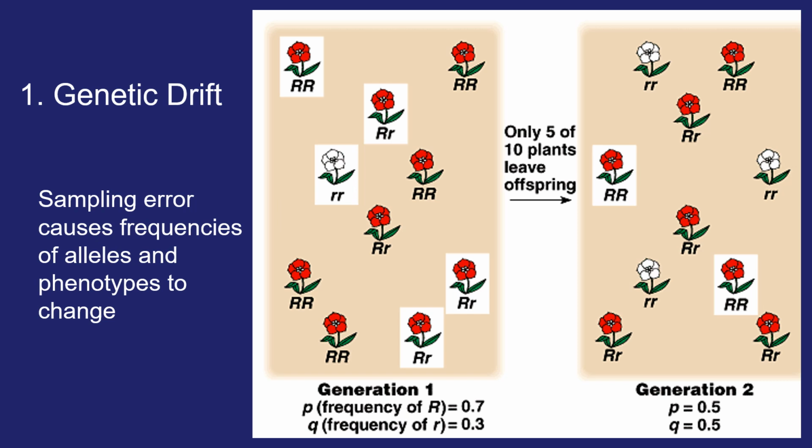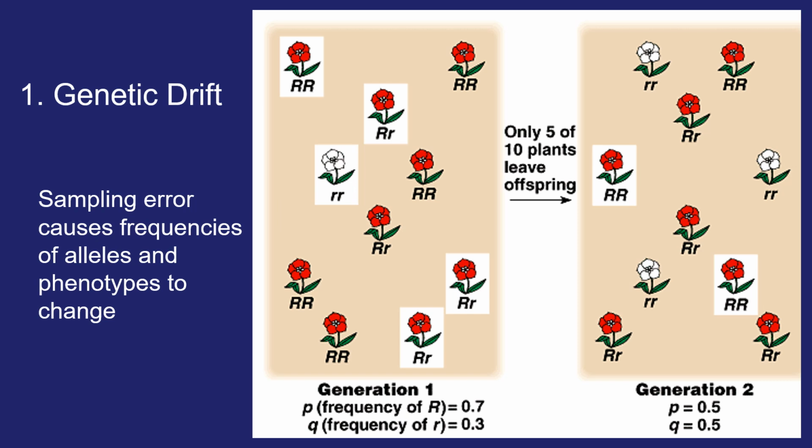Okay, so how do we do this? How do we figure out the frequencies of the dominant allele and the recessive allele? It's pretty straightforward. We have 10 individuals. They are diploid. That means we have 20 alleles in our entire gene pool. It's a tiny gene pool.